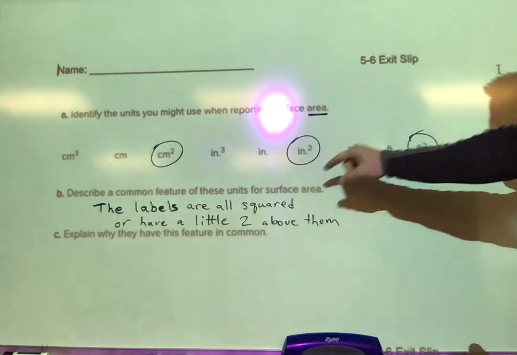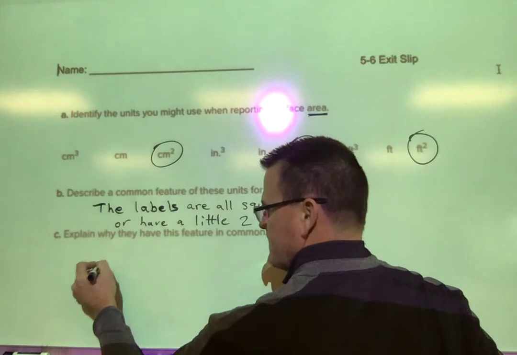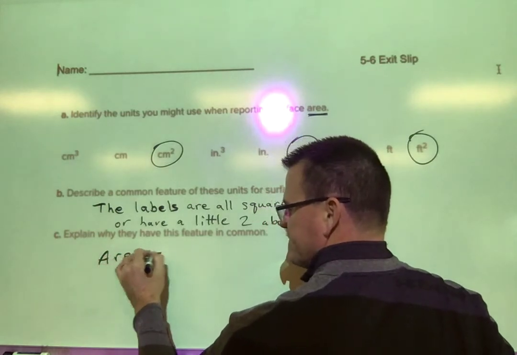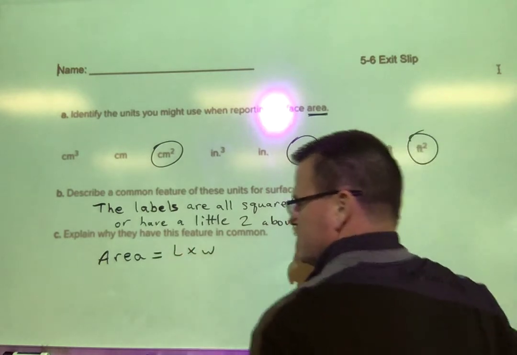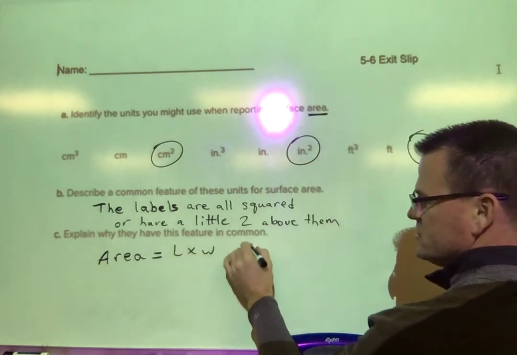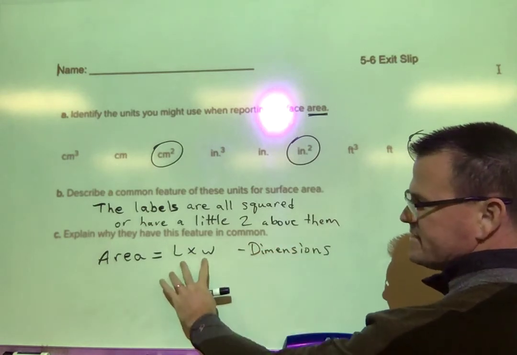Why do these have this feature now for this little 2 there? Okay, why do we have to say they're squared? And what we've learned is we know area. To find the squares and rectangles, we have area is length times width. And those are the dimensions, we call those. And notice how many dimensions to find the area.